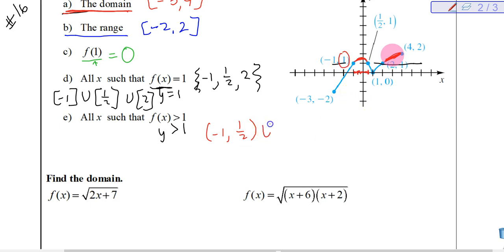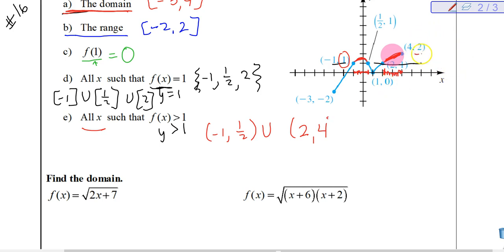Okay? Union, and then where's my other section? On my y-axis from here to there, right? Because it's domain, because I'm looking for x's. So -2 non-inclusive all the way to 4, inclusive or non-inclusive?